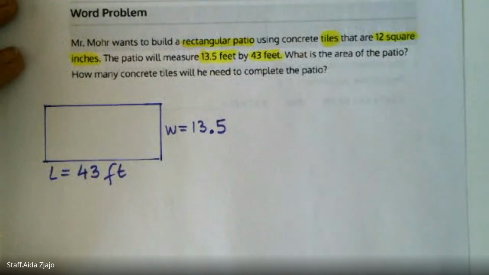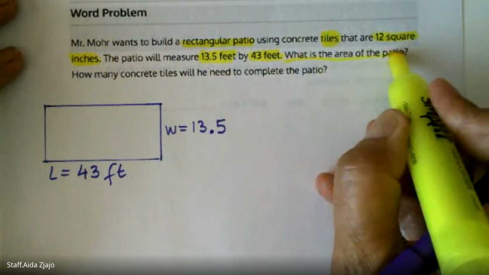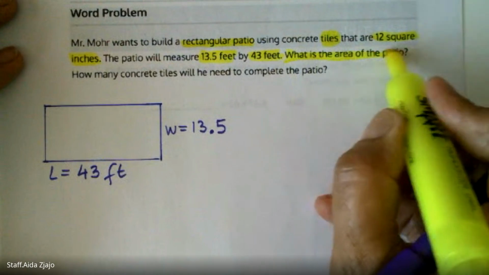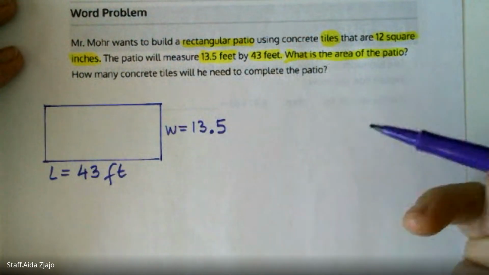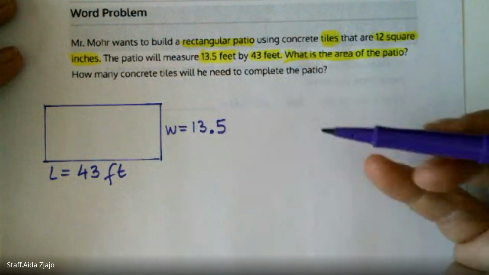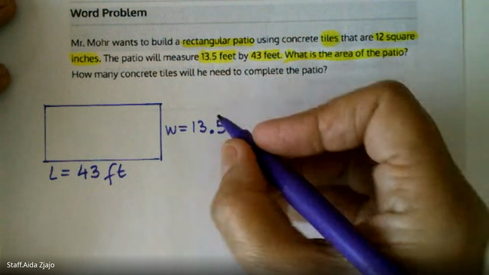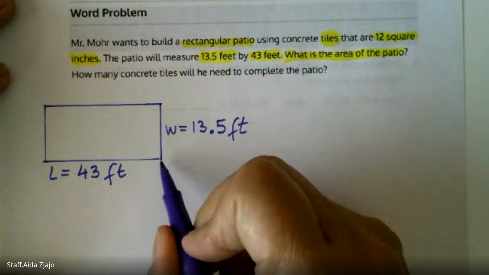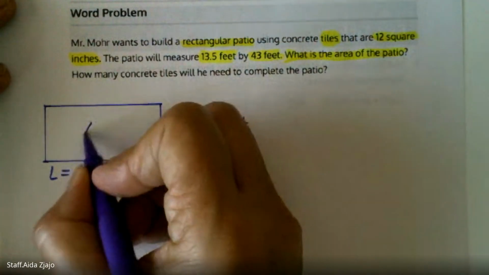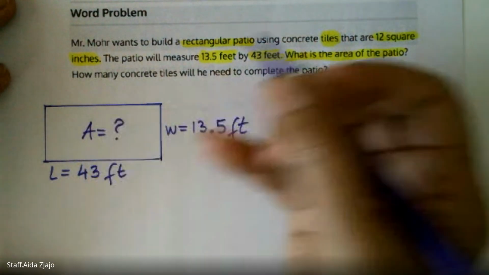What is the area of the patio? Area means how many square feet it will be. It will be the whole patio. The area is the question.